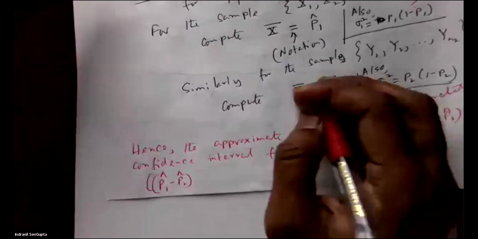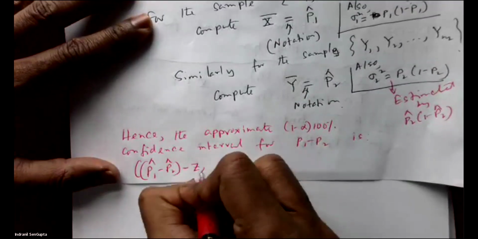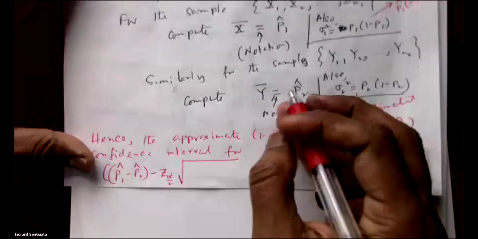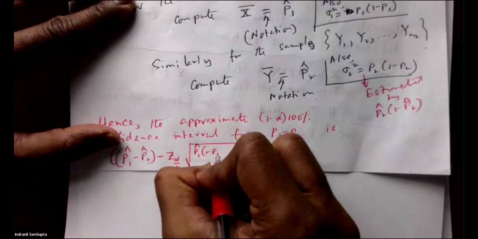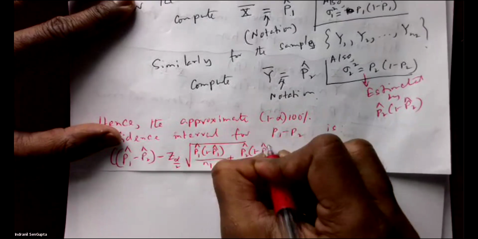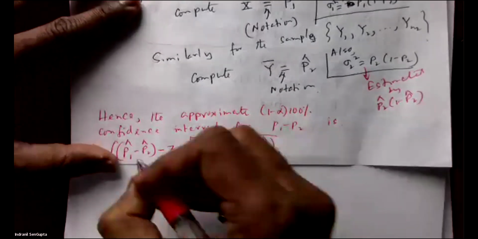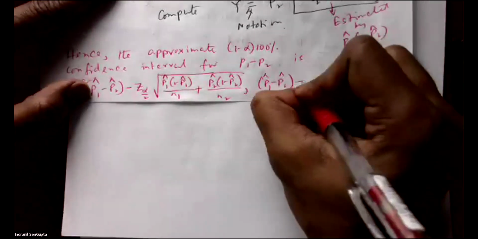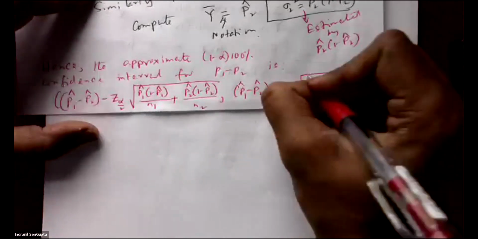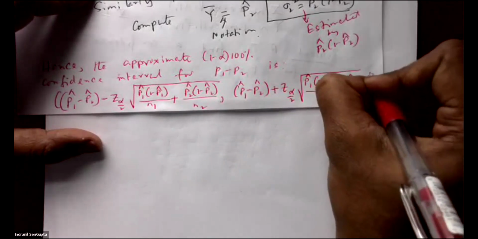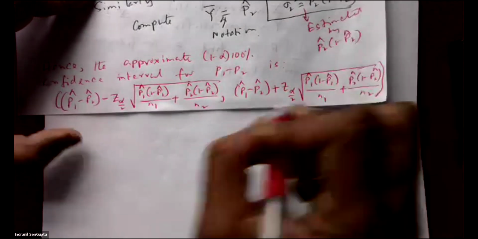It is p1 hat minus p2 hat minus Z of alpha over 2 times the square root of, now previously we had just one variance, now we have two, p1 hat times 1 minus p1 hat over n1 plus p2 hat times 1 minus p2 hat over n2, and with the plus sign, p1 hat minus p2 hat plus Z of alpha over 2 times the same square root. That's it. This is the interval we are talking about.